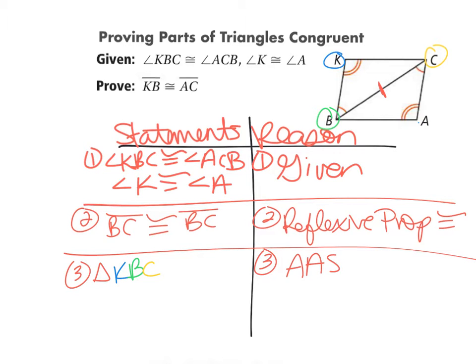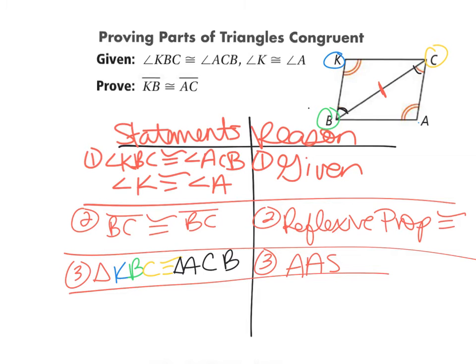Okay, so now my first letter needs to be the one I used, K, so I have to use the other angle that has two marks. So that would be A. Then I used B, so the one that has one mark, one sign of congruency, so that would be C for the other triangle. I need to put the triangle sign, I forgot that. Then the last letter would be B. All right.